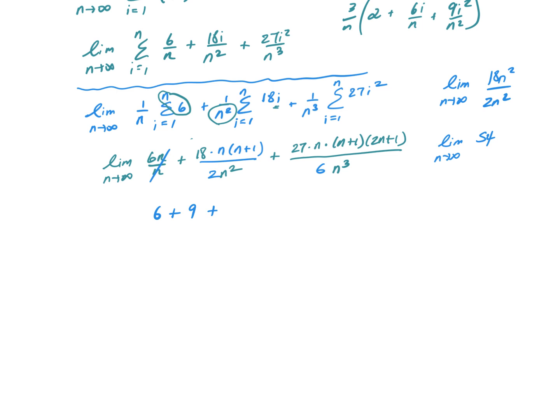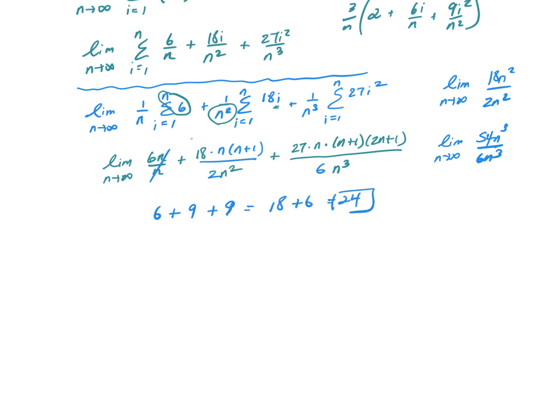I forgot that. So it's 54n cubed over 6n cubed, which is going to be 9. So 18 plus 6, 18, I think it's 24. 18, 19, 20. Yeah, it's 24.